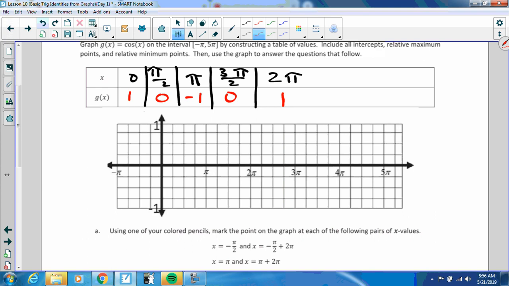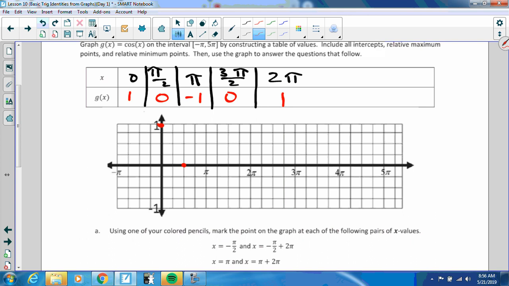All right. So where's my first point go then? If it doesn't go at the origin, where does it go? It goes at 0, 1, right there. And then at pi over 2, that's when cosine's at 0, right? Right here. And then at pi, where am I at?